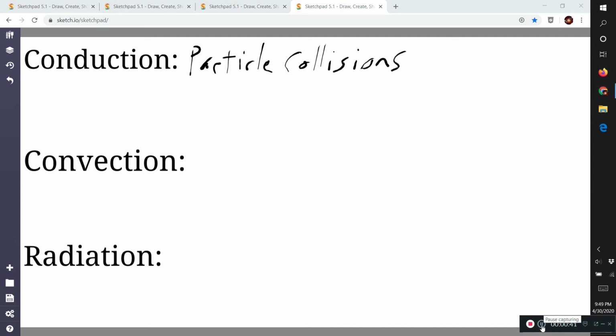So convection is heating due to temperature differences in fluids. Now, when I say fluids, I mean gases and liquids.